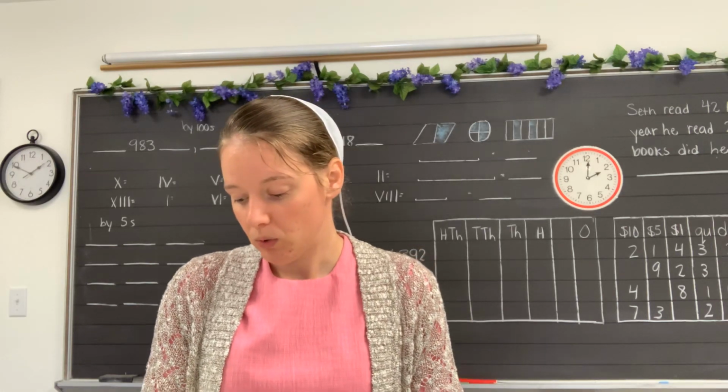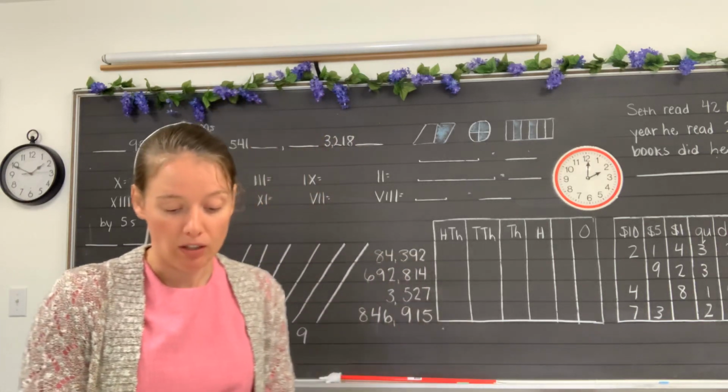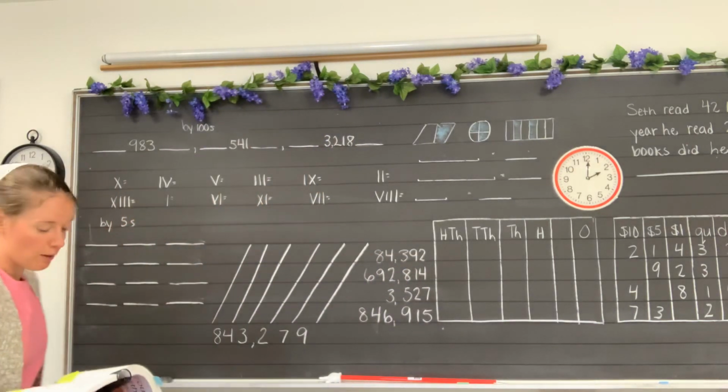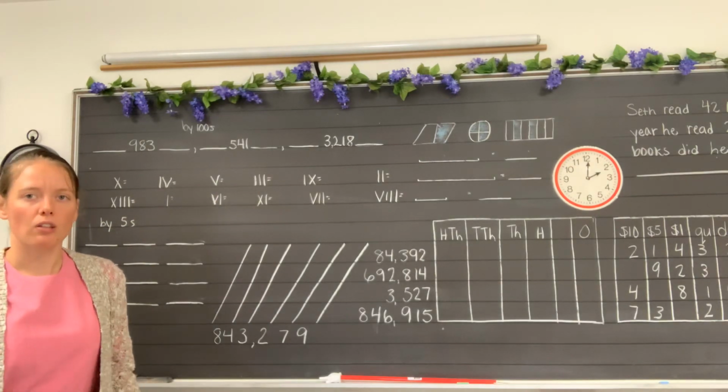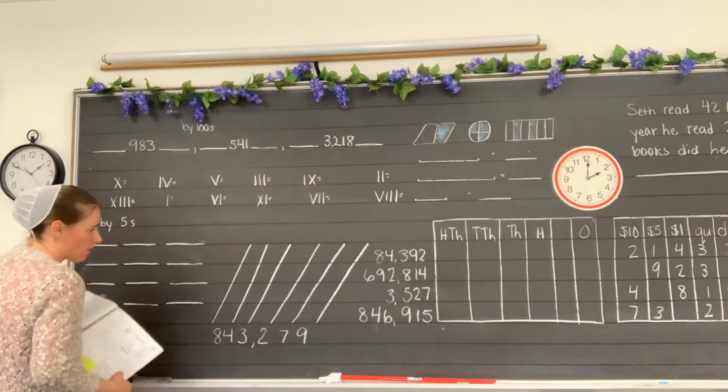Okay, so let's look here on the board at some review. We're going to think about going by fives here on the blank. So we will go by fives. We're starting at 2,600 and we're going the whole way to 2,650 by fives.